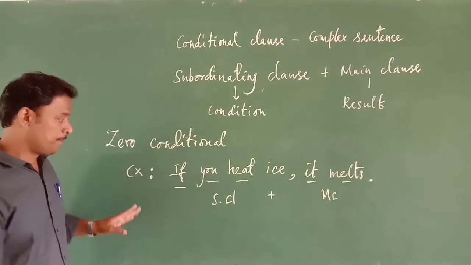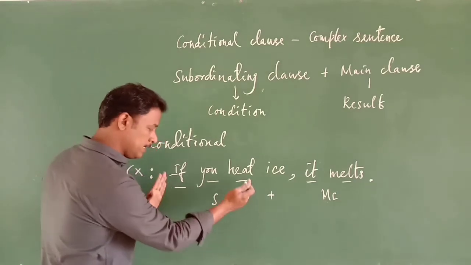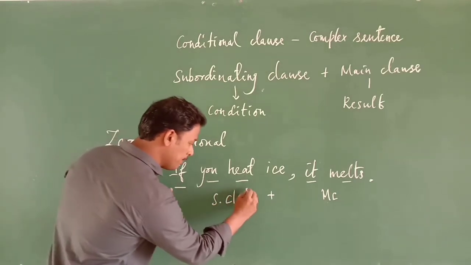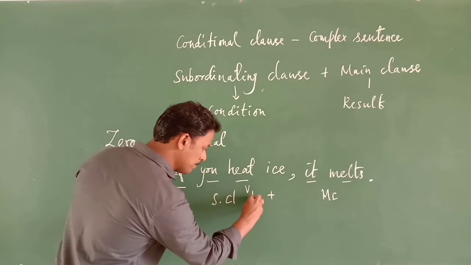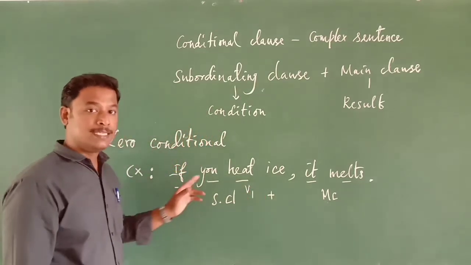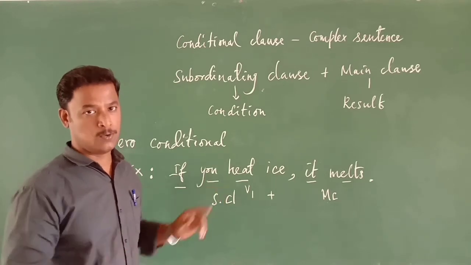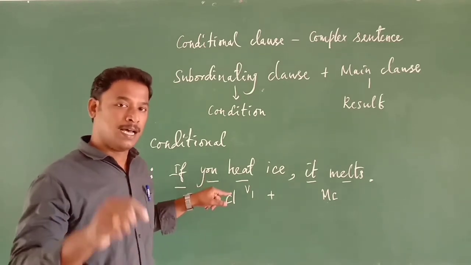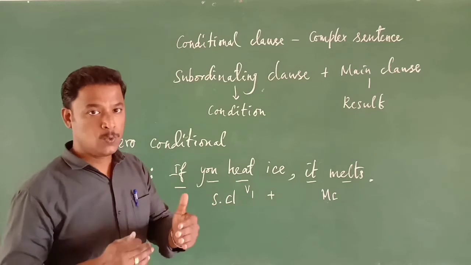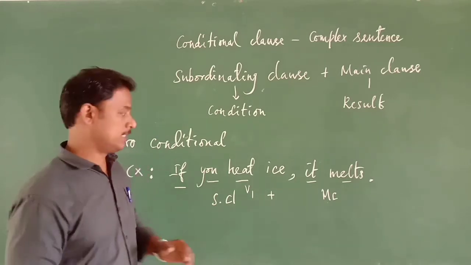In the first part, the subordinating clause, the verb applied is in simple present, and it is a condition. It has a rule. It has a necessary situation. If you heat... Okay, right.